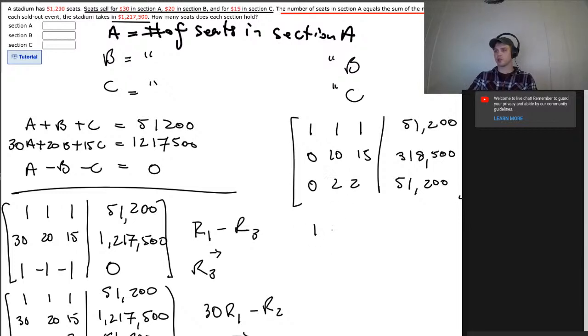So let's just copy everything down, and we're not changing row 2. Okay, so 20 minus 20 is 0, and 15 minus 20 is negative 5.